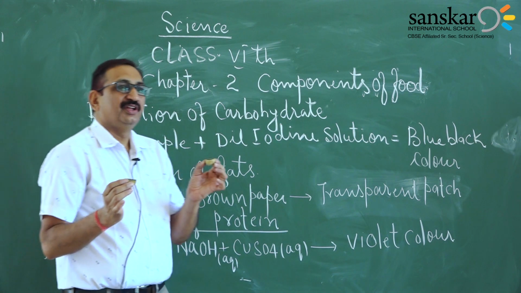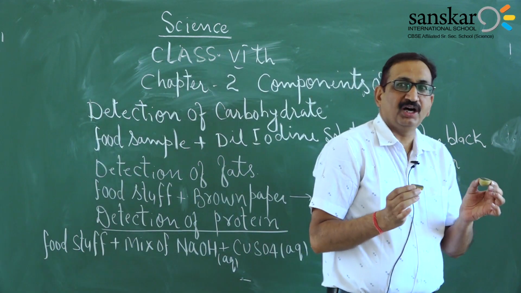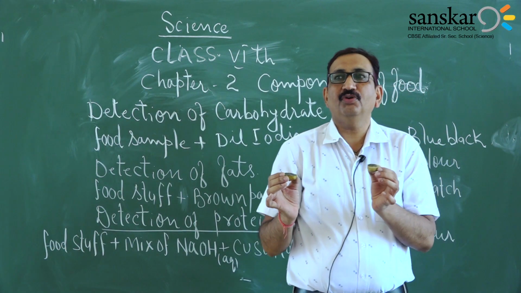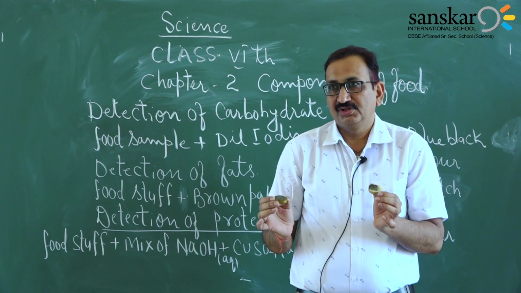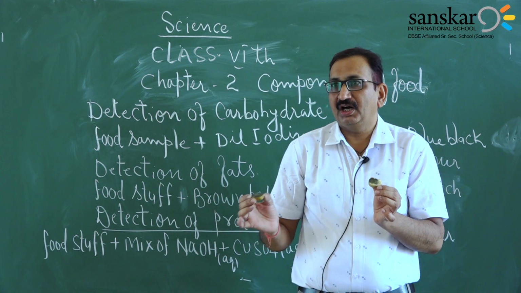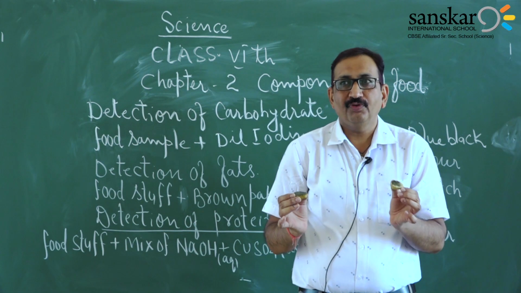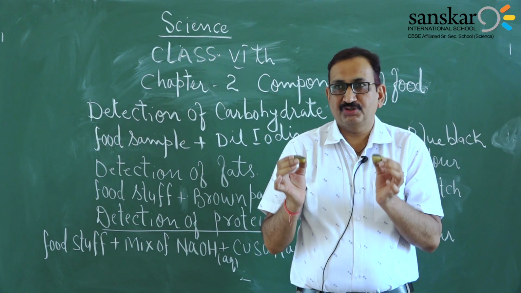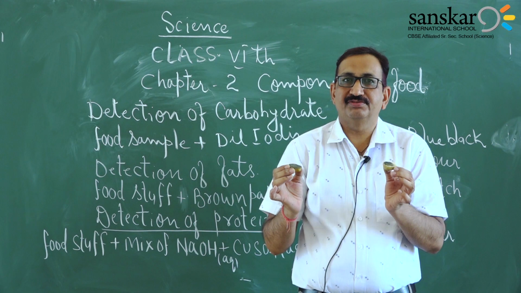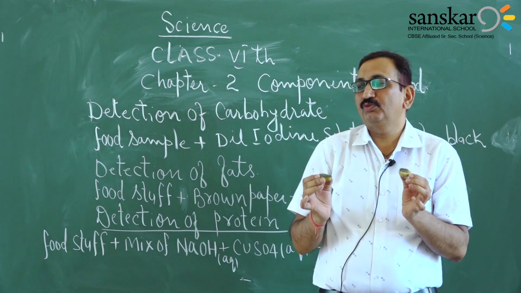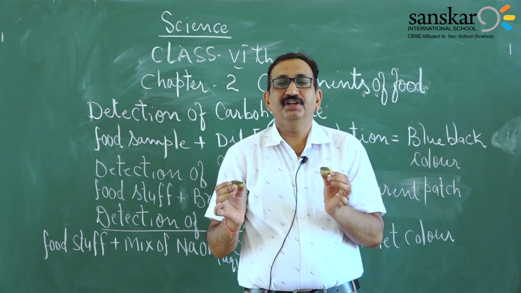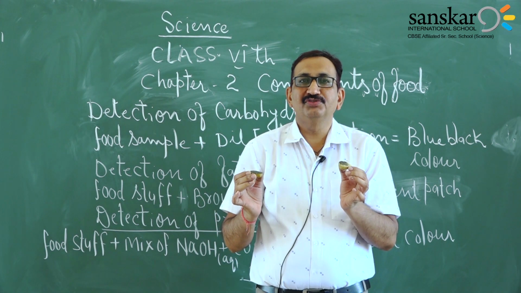So students, how will you detect the presence of carbohydrate in potato? In the first experiment I told you that first of all we have to cut a potato into 2 equal halves. After that we have to put 2 or 3 drops of iodine solution.